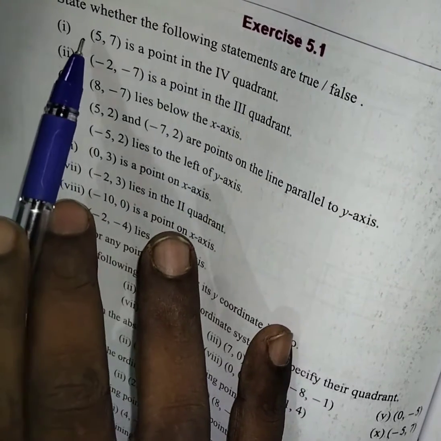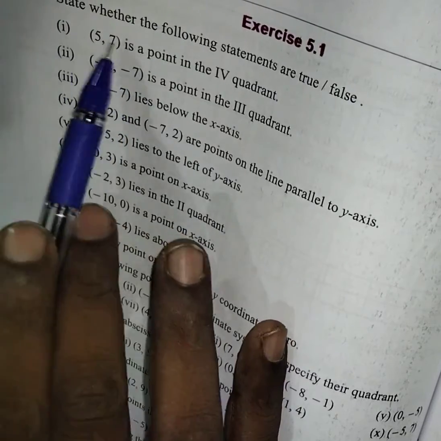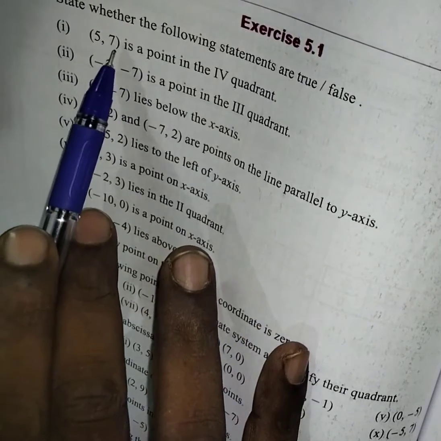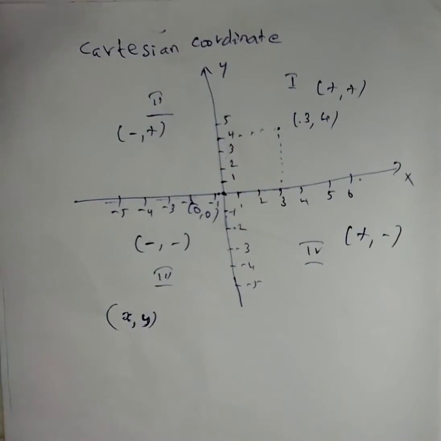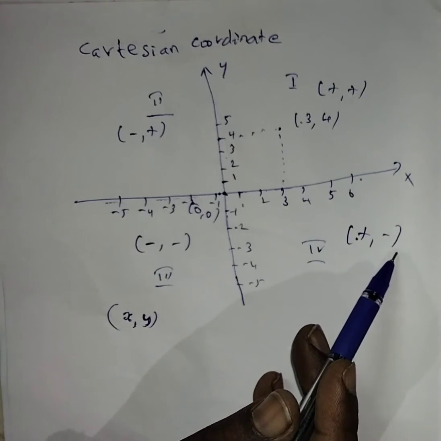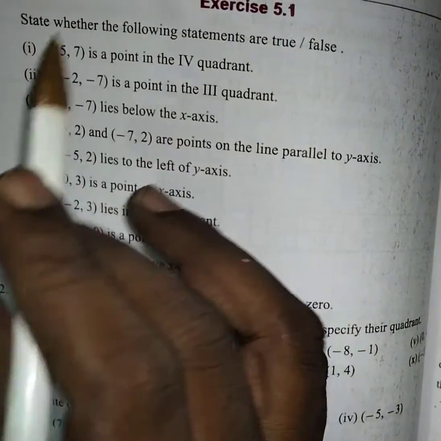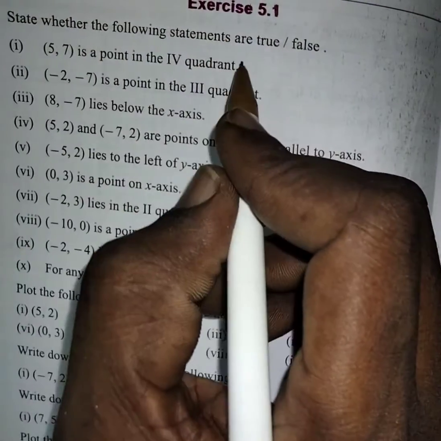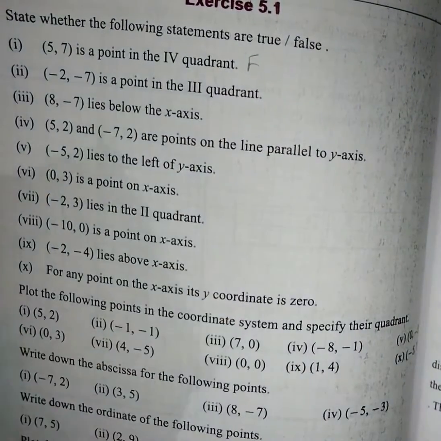Here the x value is positive 5 and the y value is 7. Both are positive, but they mentioned that the point lies in the fourth quadrant. But what is the condition for the fourth quadrant? The fourth quadrant has x value positive and y value negative. So that statement is wrong. That is a false statement. (5, 7) lies in the first quadrant. They mentioned the fourth quadrant, so the statement is false.